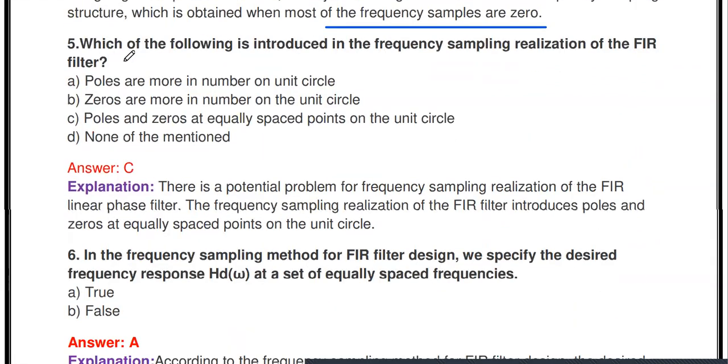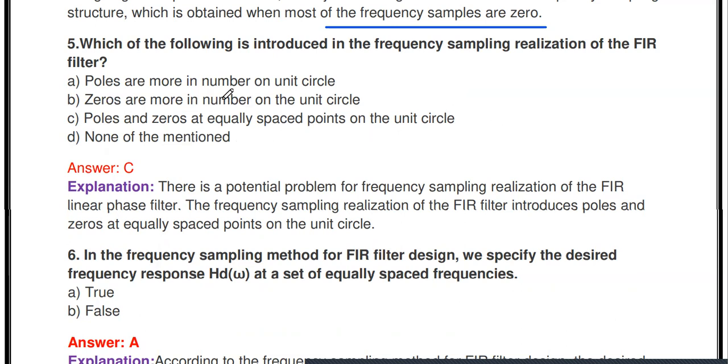The next one: which of the following is introduced in frequency sampling realization of FIR filter? Poles are more in number on the unit circle. Zeros are more in number on the unit circle. Poles and zeros are at equally spaced points on the unit circle.